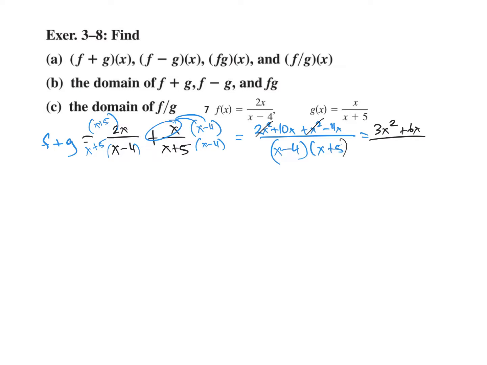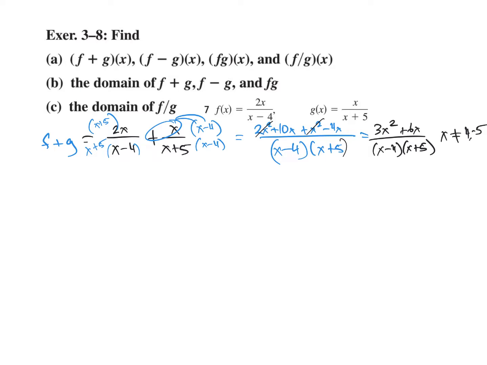And in the bottom, you just have x minus 4 and x plus 5. So there are no radicals here. So let's just do parts B and C as we do these. Your domain is x can't be 4 or negative 5. You can do all other real numbers, but it can't be 4 or negative 5.